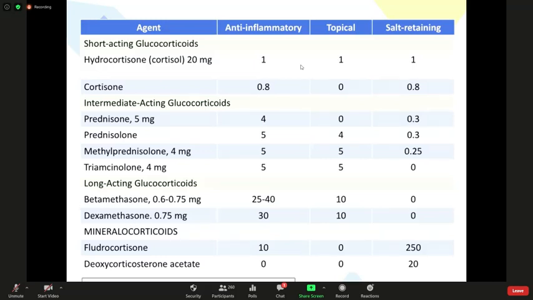Now here, what's important also to take note in this table is, like what I said, the highest anti-inflammatory potential or potency is seen with the fluorinated drugs, especially the long-acting fluorinated drugs. So yun yung tanong. The higher is the anti-inflammatory effect, the higher is the glucose elevating effect. And they're typically seen among the long-acting glucocorticoids like beta and dexa.